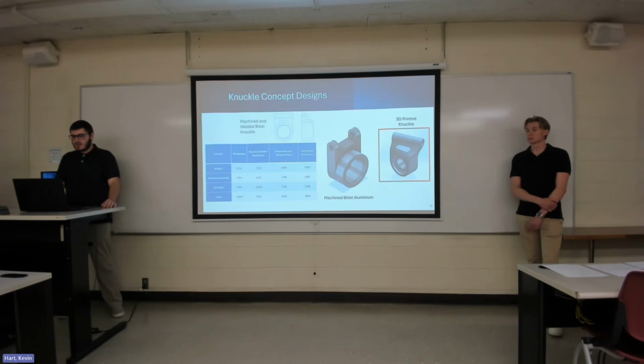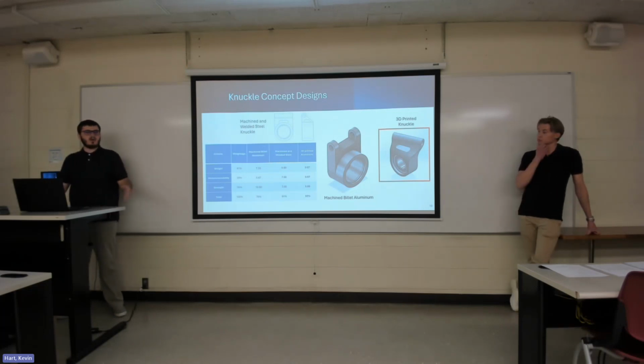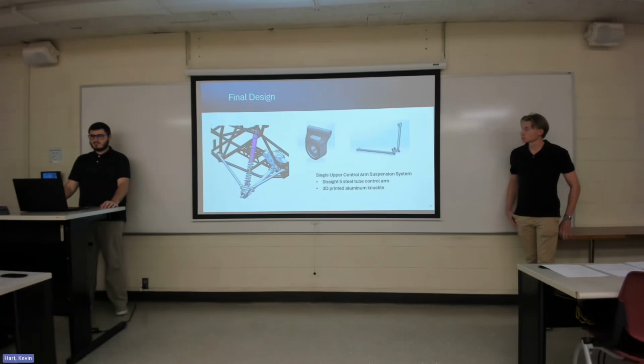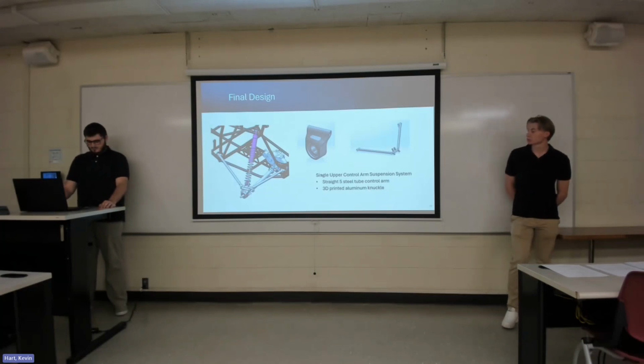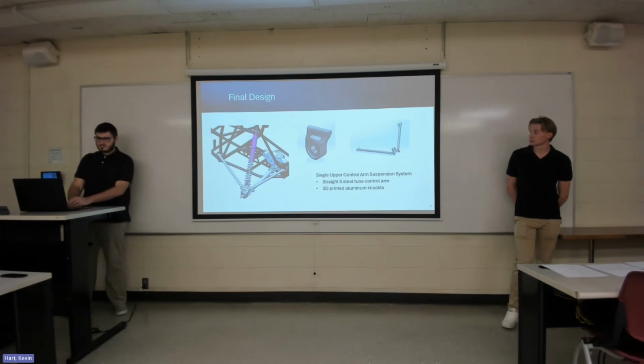And in the end, we went with the 3D printed knuckle just because we favored weight. Our whole design is to try and decrease the weight and the unsprung mass in the suspension just to get better handling characteristics out of the vehicle. So our final design includes that single upper control arm suspension system with the straight 5 steel tube control arm and the 3D printed aluminum knuckle.